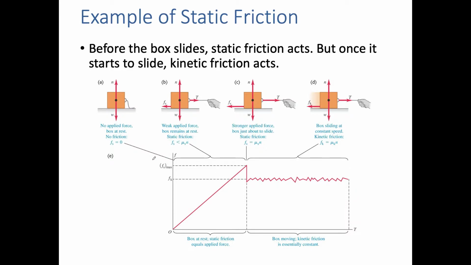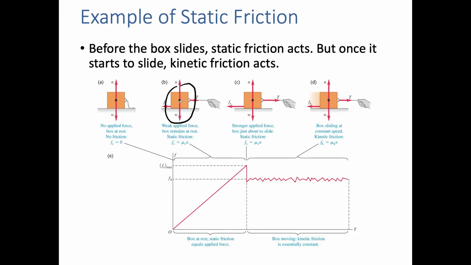And static friction. Now, when we do static friction, we need to take into account Newton's first law. Static means the object does not move. So the net force on this object is zero. Now we can apply different forces on the object, and the object still doesn't move.